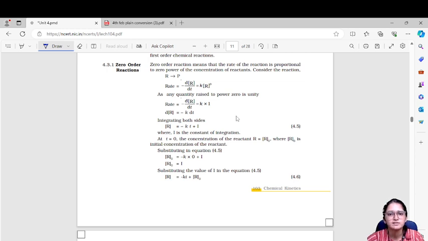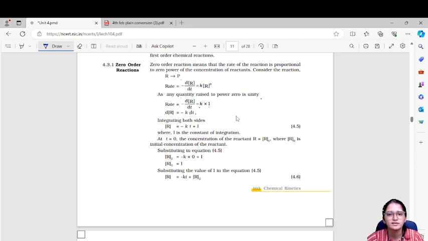Okay, so if you consider a normal reaction, reactant gives product, then the rate of that reaction will be what? Minus the decrease in concentration of reactant with respect to time, that is minus dR by dt is equal to k into R naught. R naught is this, so any quantity raised to power 0 is unity. So the rate is minus dR by dt, which is also equal to k into 1, so dR is equal to minus k into dt.